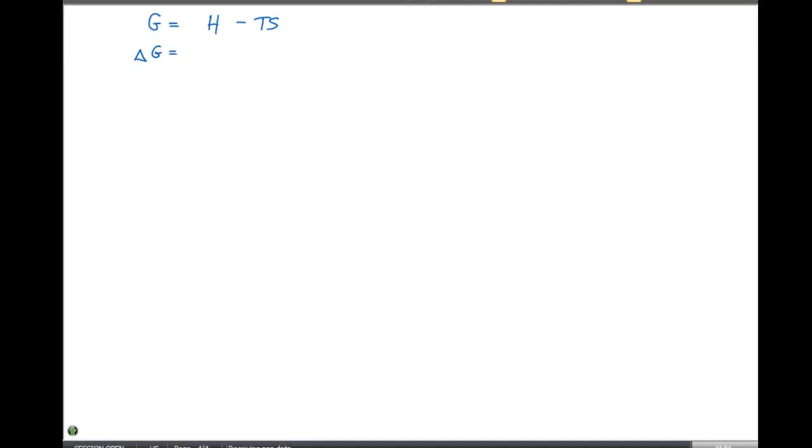So we also find that delta G is going to equal delta H minus T delta S. So this is our main relationship that Gibbs came up with.